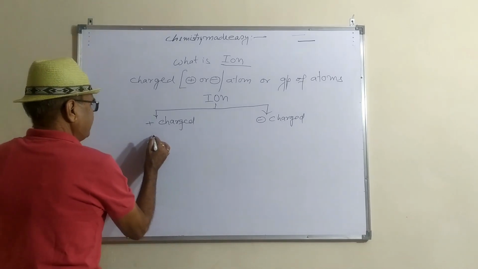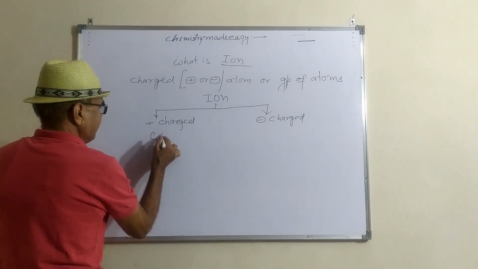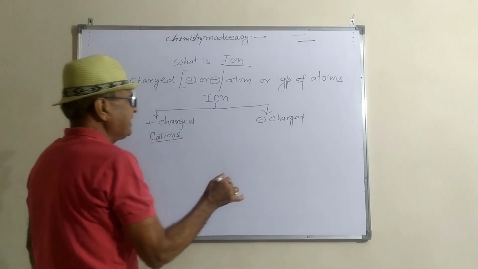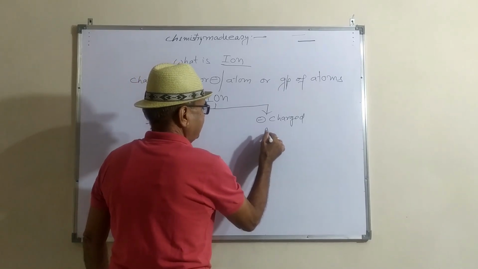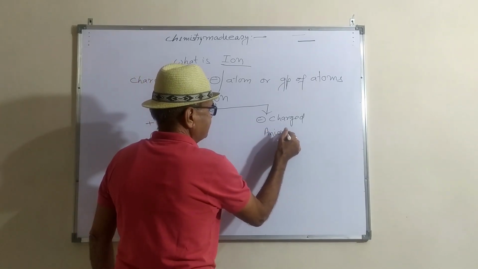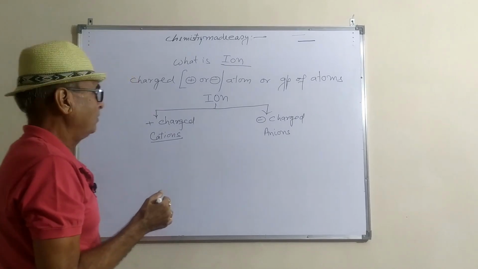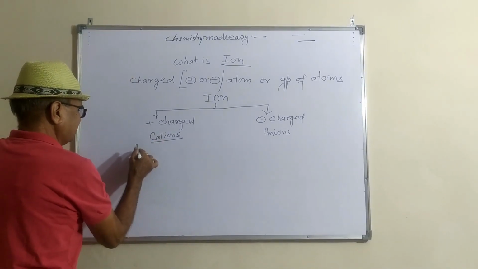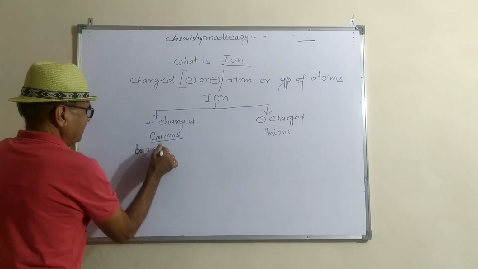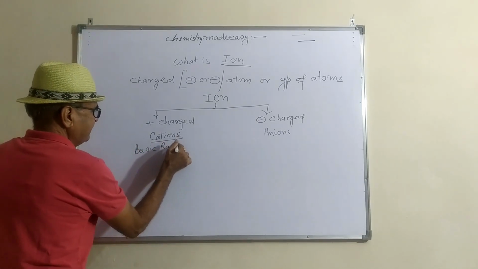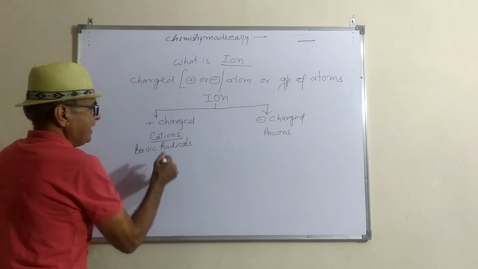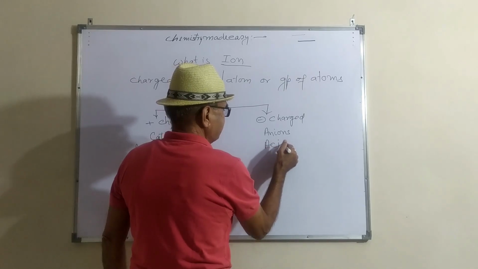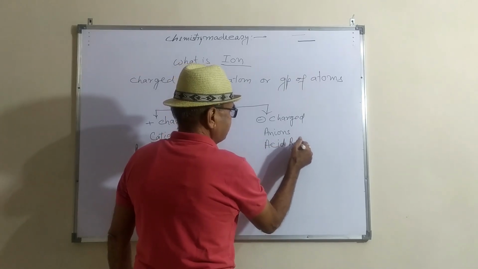Positively charged ions are called cations, and negatively charged ions are anions. The synonym of cations is also basic radicals, and the synonym of anions is acid radicals.